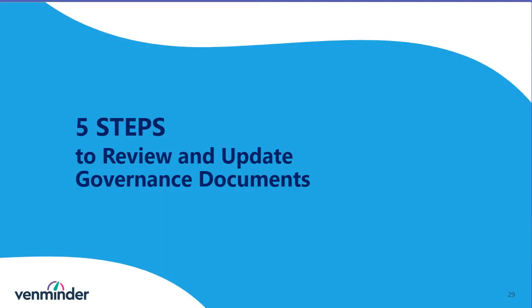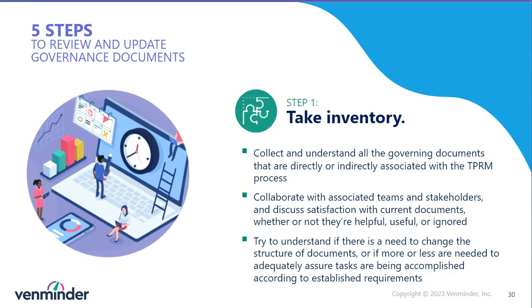Now, maybe you're not writing documents from scratch. Maybe you're in the update process. So let's talk about that process and what it looks like, the 5 steps to review and update your governance documents. Now, first things first, right off the bat, we're just going to want to gather all our documents up.